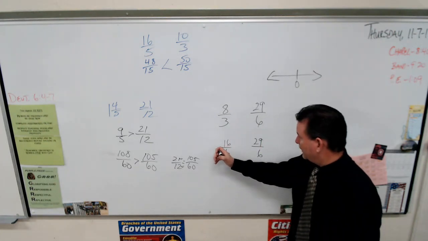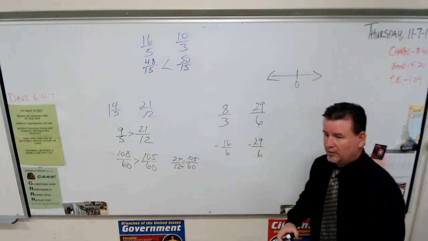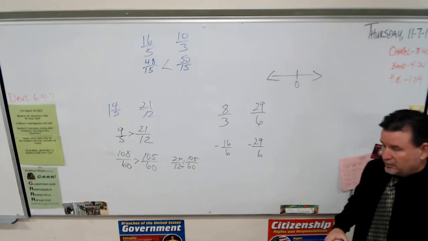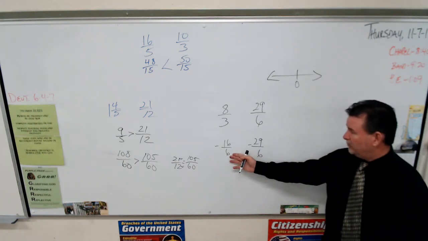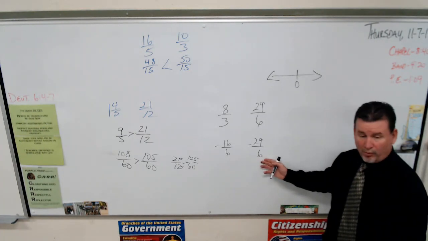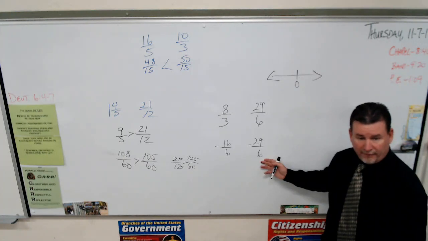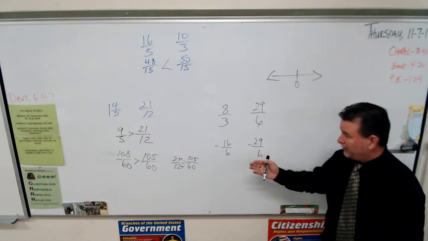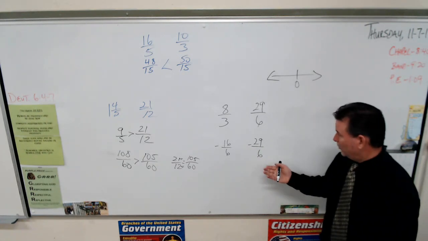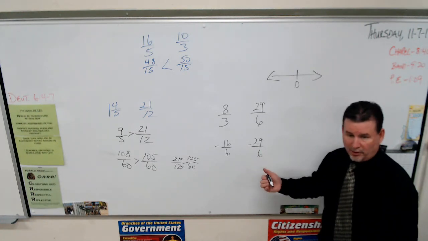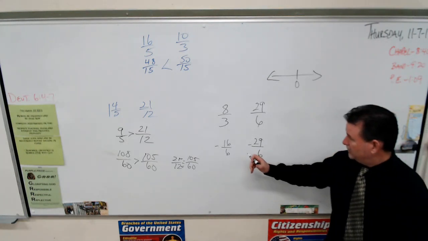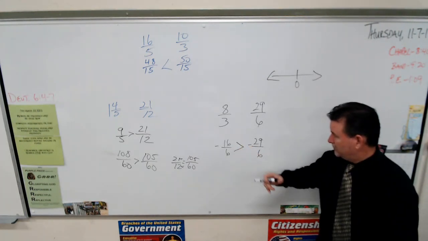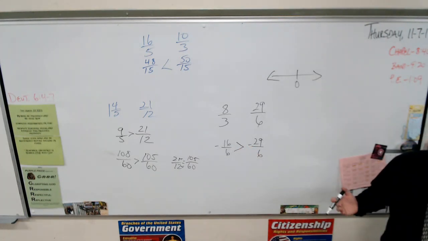Now what if I put a negative in front of both of them? This is more than 2, but this is more than 4. So which one's greater? -2 something or -4 something? The negative 16 because it's closer to the 0. Which makes it better.